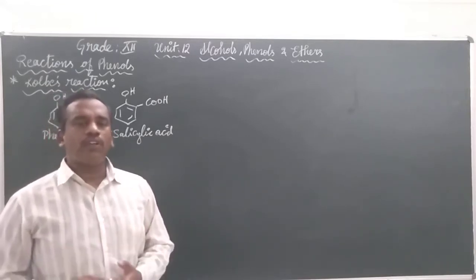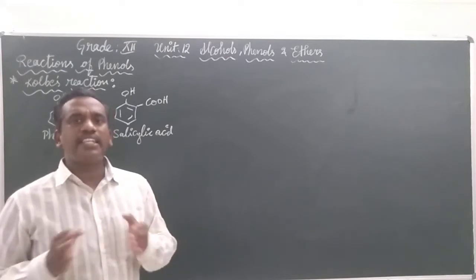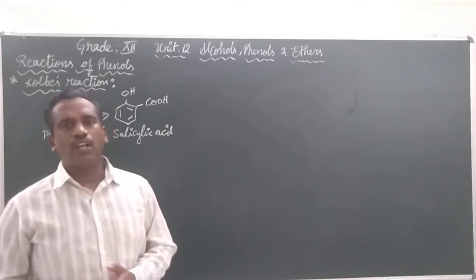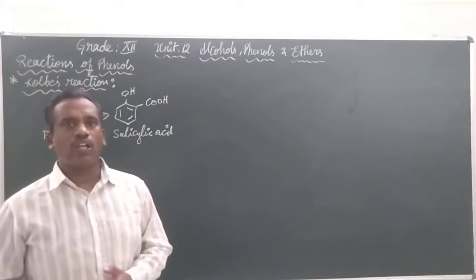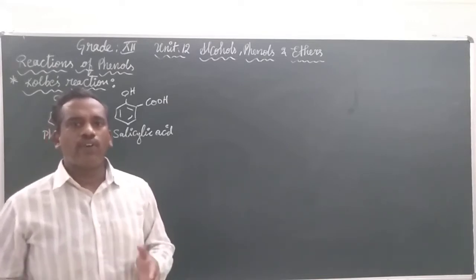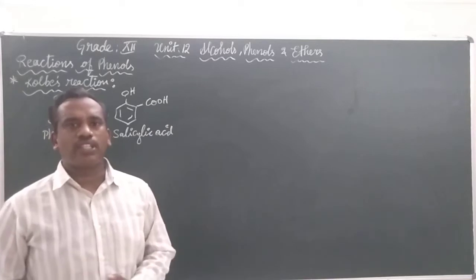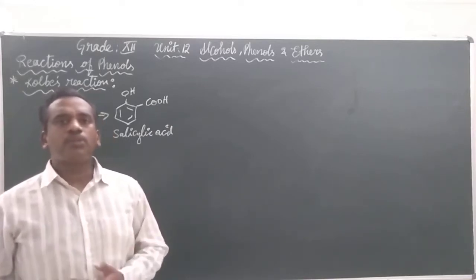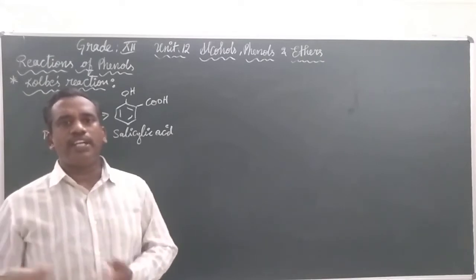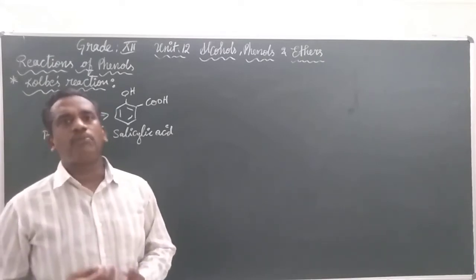We will be observing the basic equation first of all: how to get salicylic acid from the phenol. That is used for the board examinations. But for the objective purpose, at times we may need the mechanism also.